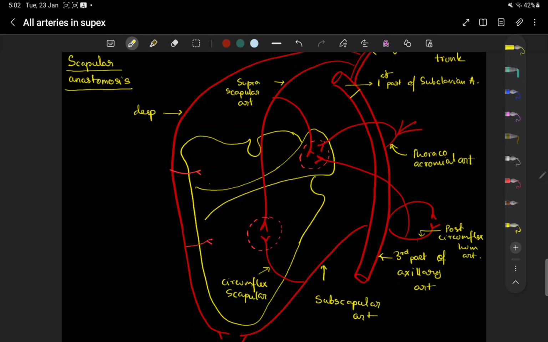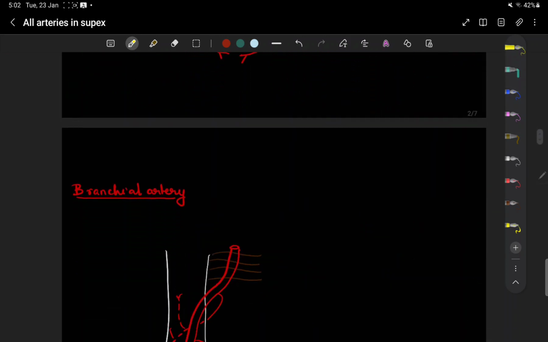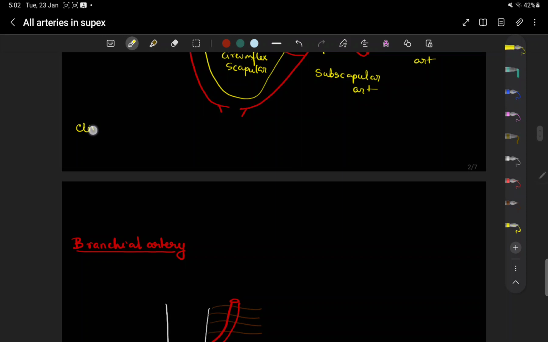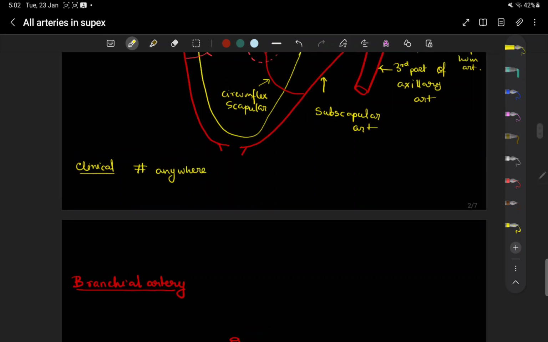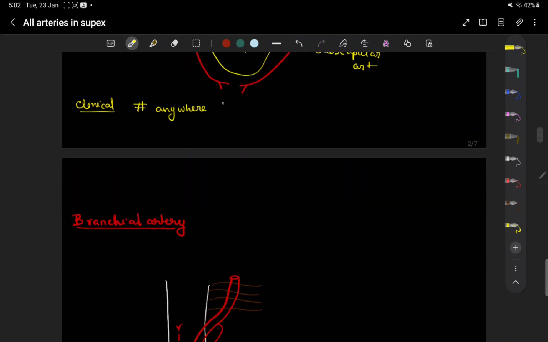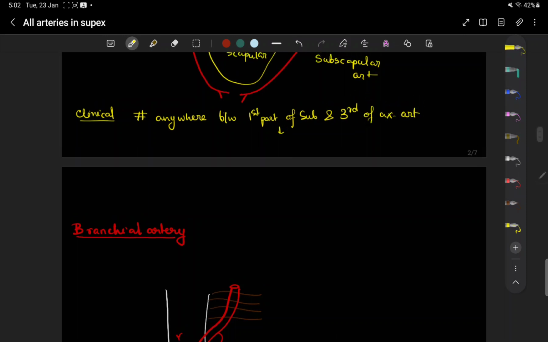So clinically, if there is an injury anywhere between the first part of the subclavian artery and the third part of the axillary artery, then the anastomotic channels that are present will help in providing circulation towards the upper limb.